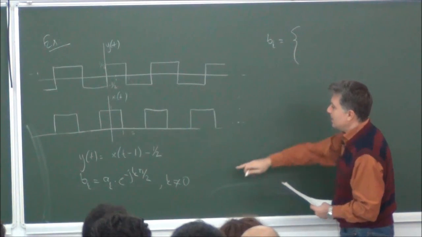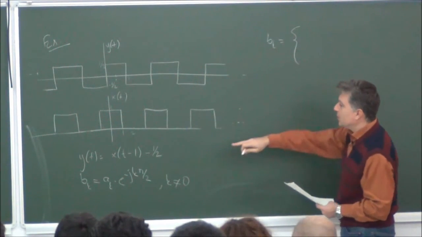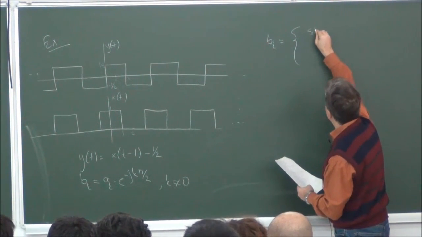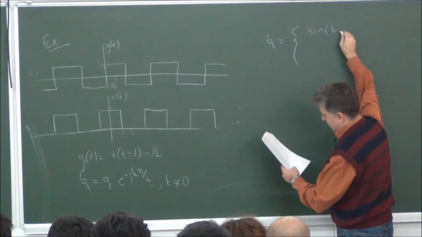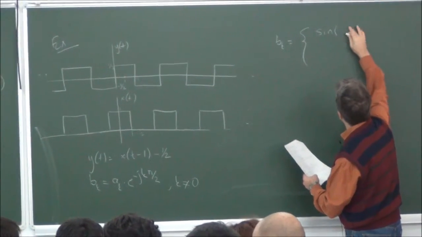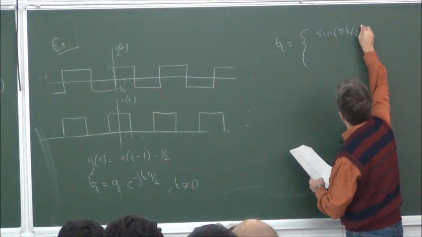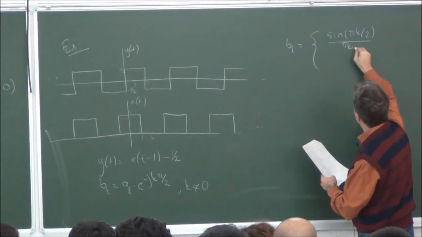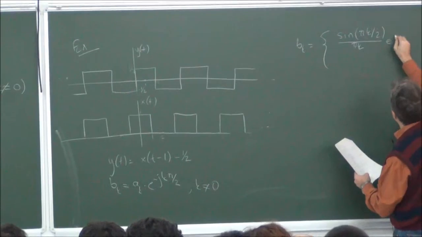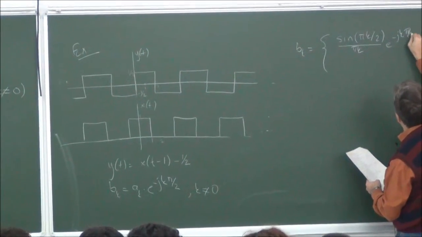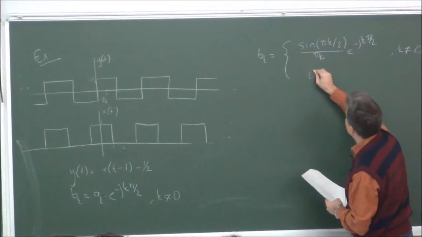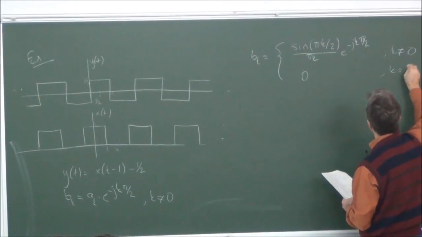But bk, other than k equal to 0, is equal to ak times that thing, and let's substitute the formula for ak. It was sine of k pi over 2 divided by pi k, times e to the minus jk pi over 2 for k different than 0, and it's equal to 0 when k is equal to 0.